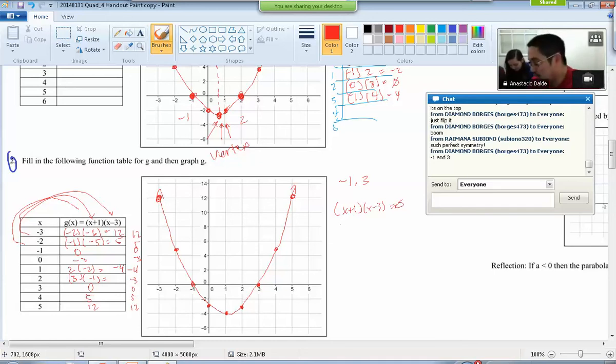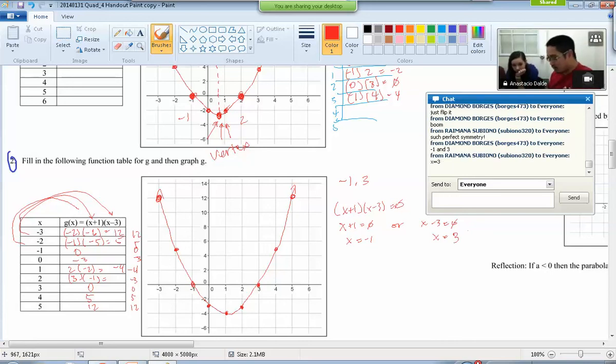You could say either x plus 1 equals 0, which tells me x equals negative 1, or x minus 3 equals 0, which tells me x equals positive 3. Guess what? I solved it, and it corresponds to exactly what the graph is telling us. We cool?